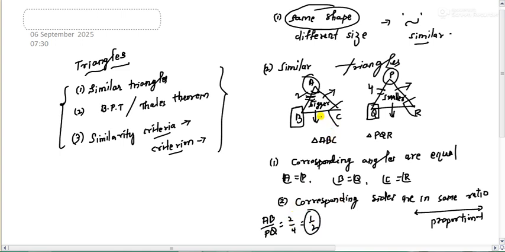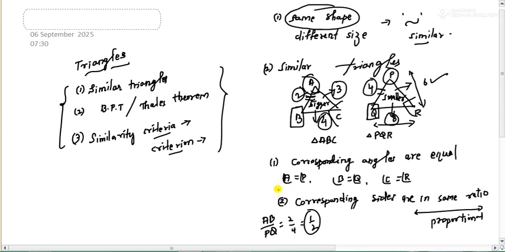It means if this is 4, QR should be how much? It should be 8. Exactly, it is double. And if AC is 3, what will be PR? 6. Exactly. So this is the condition.